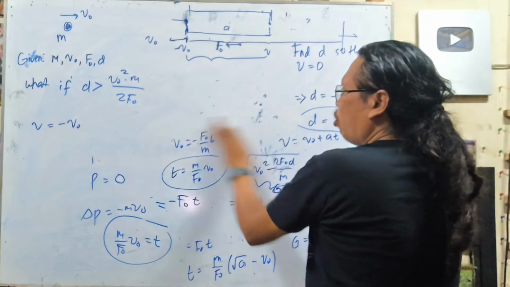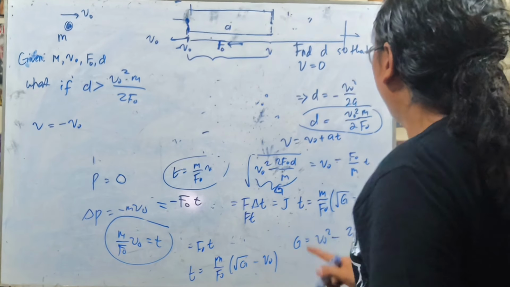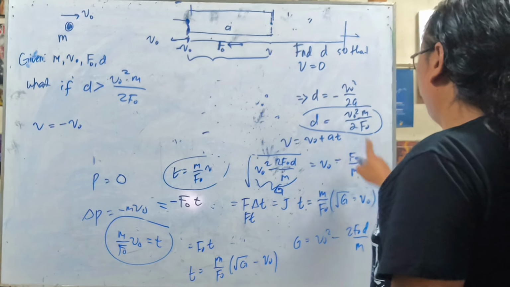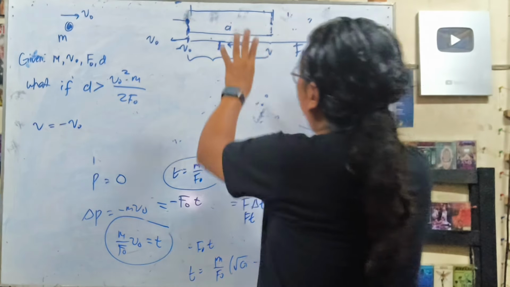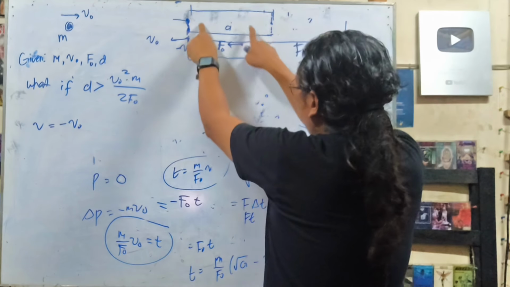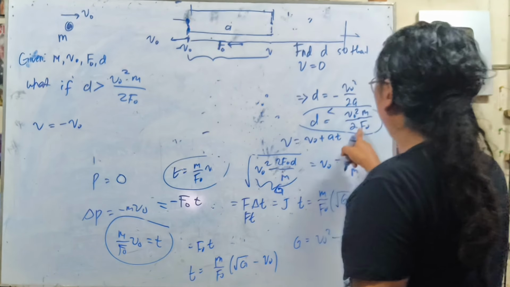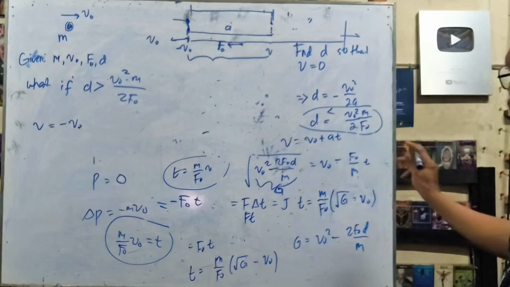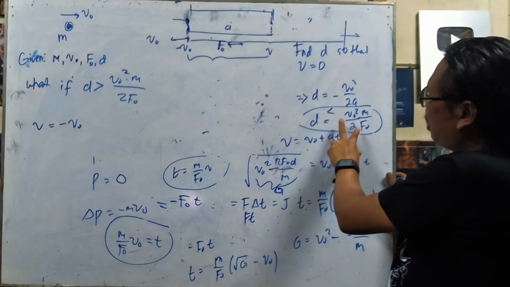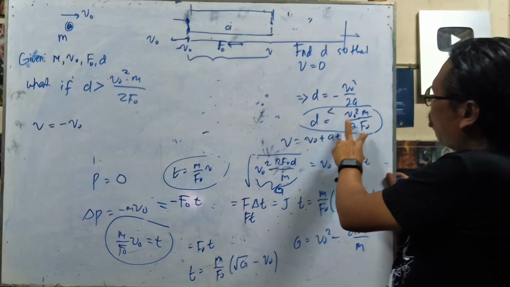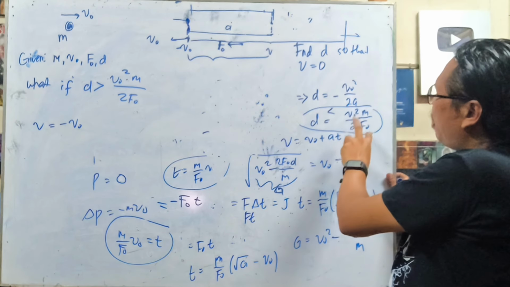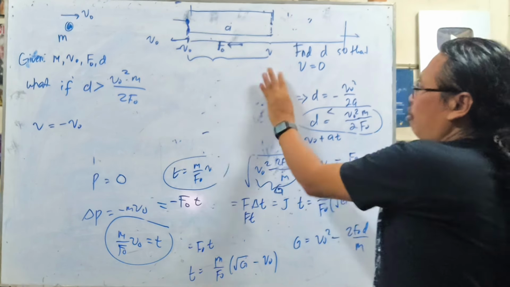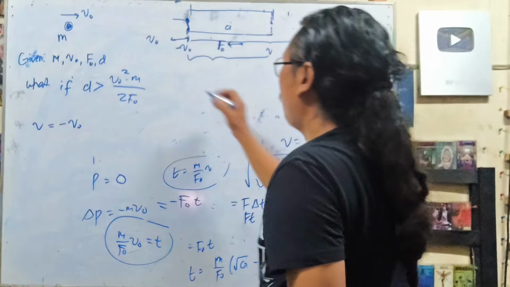Okay? So here, since our d is greater than or equal to this, meaning that in order for the particle to cross here, d must be less than this distance right here. Because again, we calculated this by saying that the final velocity must be 0. Or actually, you can just use impulse and momentum for that.